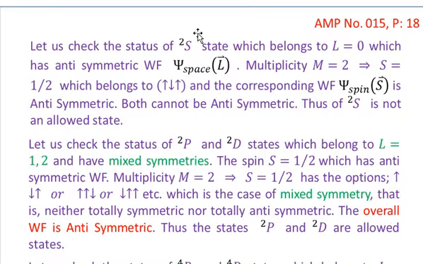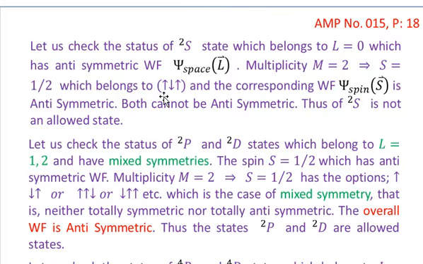Now, this 2 means that the multiplicity is 2, that is capital S has a value equal to half, because plus half will cancel with the minus half, and only the last one will contribute as the spin, which has a value of half. So each of these spins has a value equal to half.